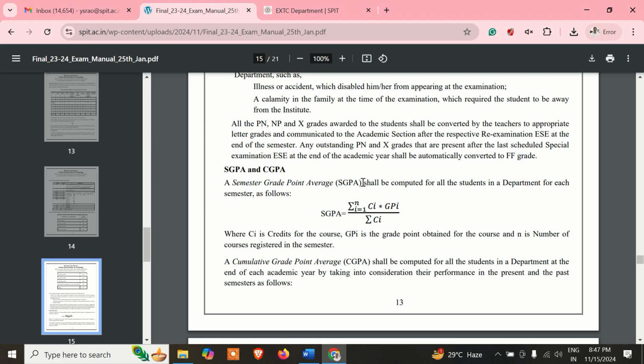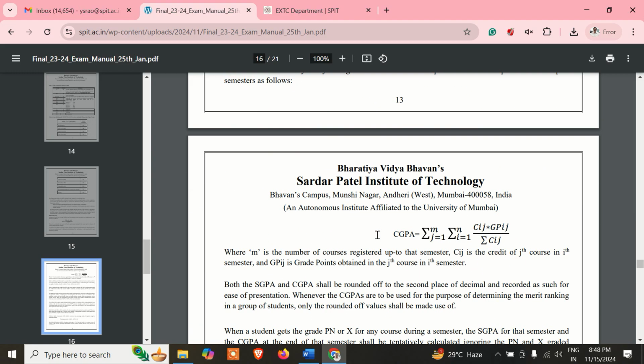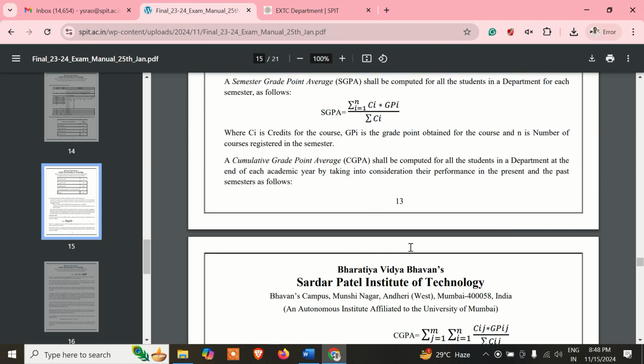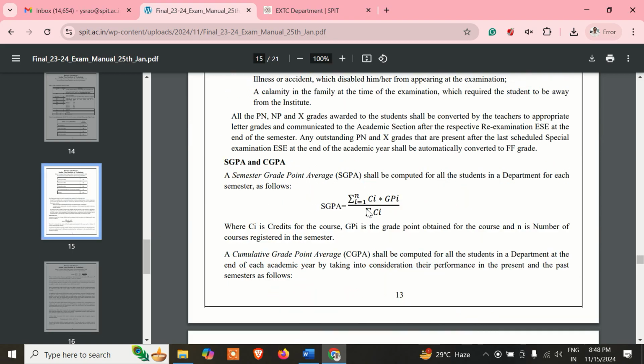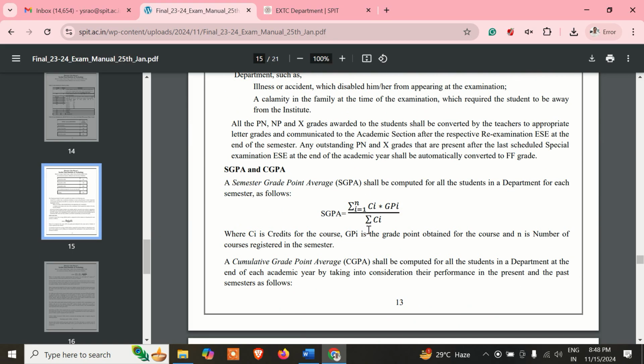Now while calculating the semester grade point average, SGPA, and the cumulative grade point average, CGPA, the formulas are given.